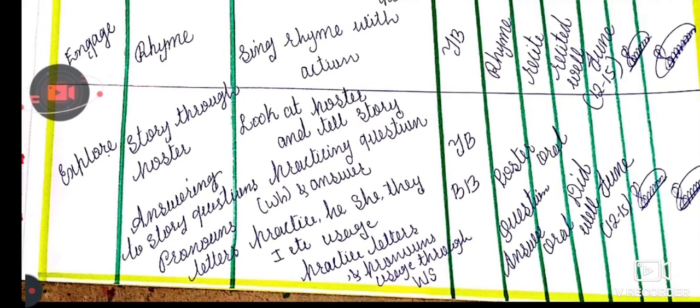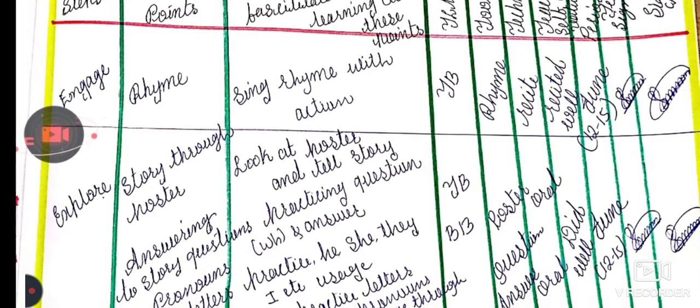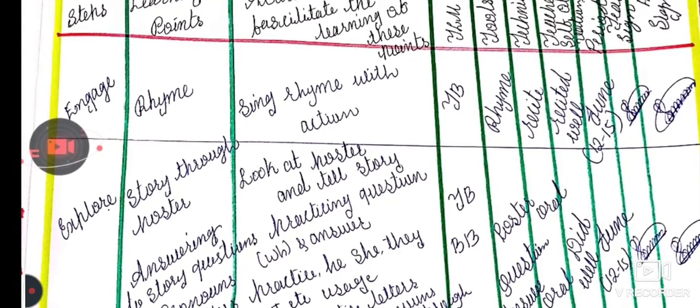And related to letters, we conduct activities like practice letters and pronoun uses through WS, that is worksheets. We practice letters through worksheets. In this case, we use TLM as TB, that is textbook, and BB, that is blackboard.